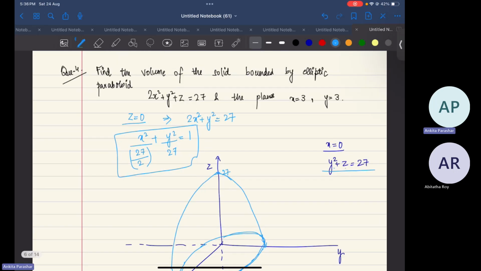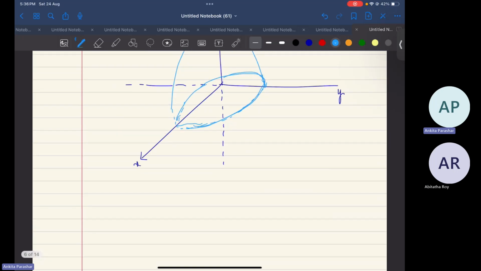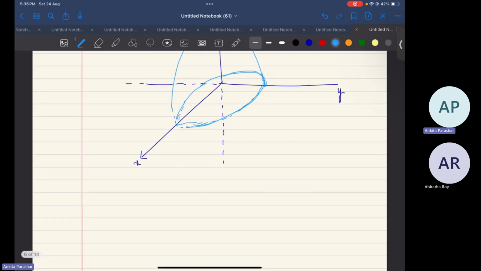And the question says that you have to find the volume of the solid which is above. The above part of the solid has to be bounded by this elliptic paraboloid and the planes x equal to 3, y equal to 3. So let's look at this part in the xy plane, because the lower thing is in the xy plane.